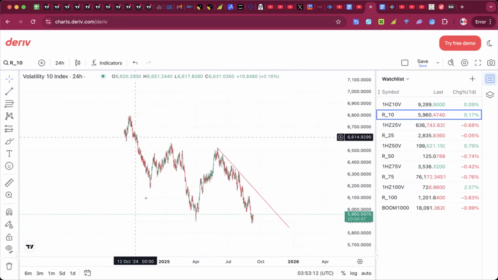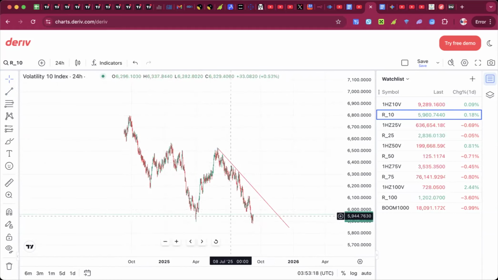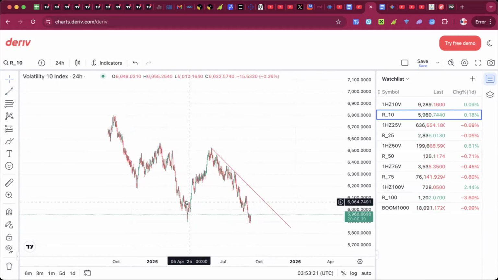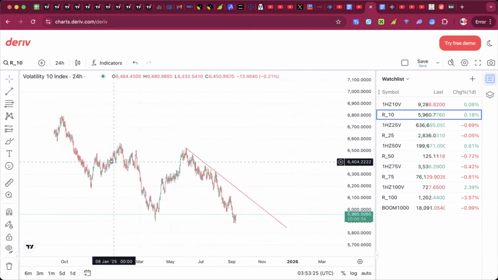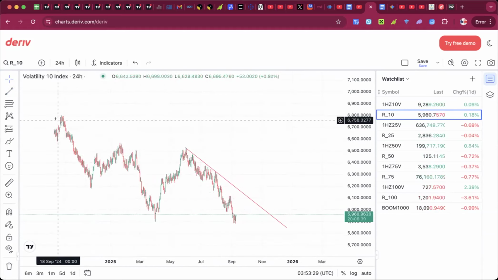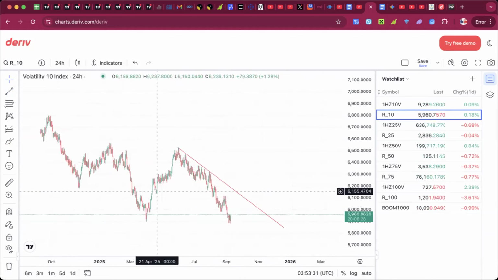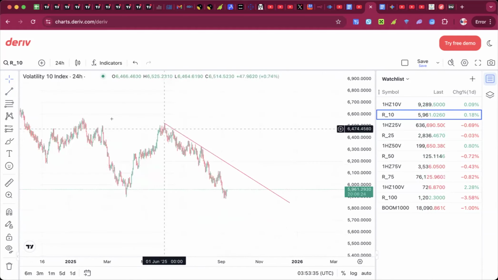This is a high, this is a low, this is a high, this is a low, this is a high, massive, and this is a low on a larger scale. Now you are going to forget this one that was an uptrend, forget this one that was a downtrend, forget this one that was an uptrend, forget this one that's a downtrend. Now let's focus on this one alone. We're going to work on this one alone.